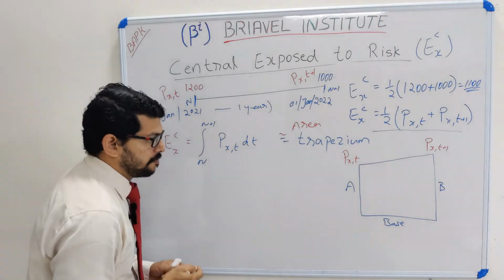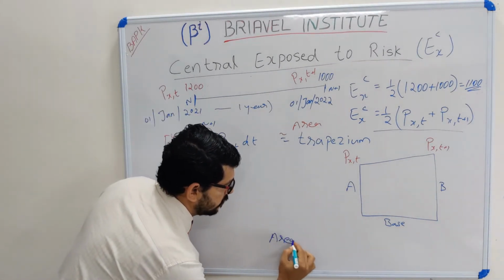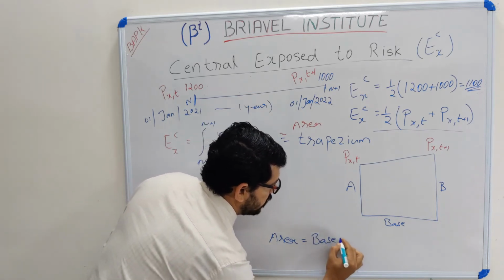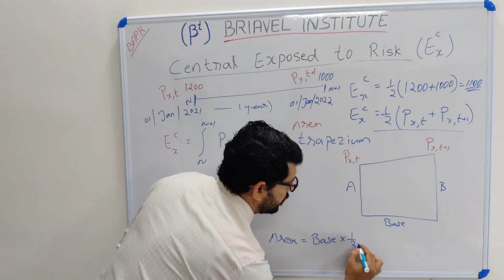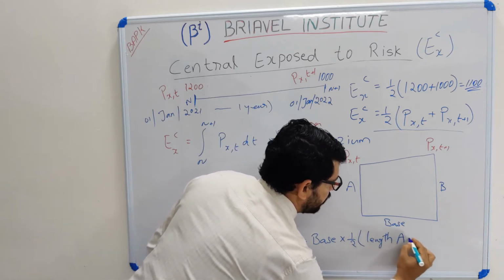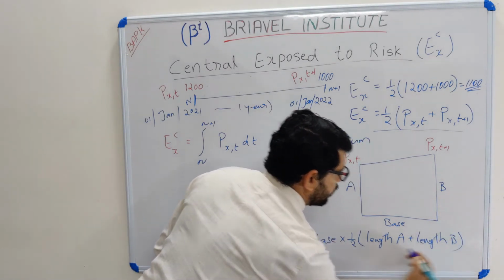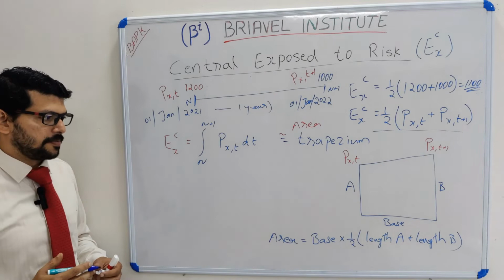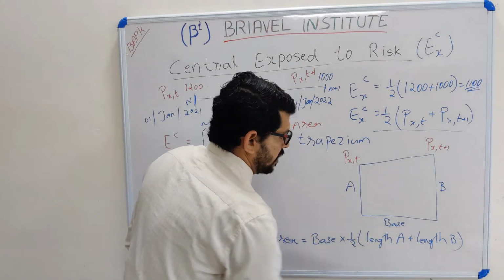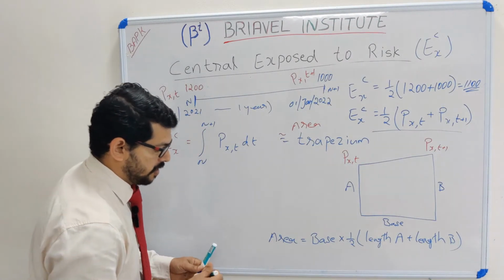The area of the trapezium is base into 1 by 2 of length A plus length B. Here length A represents P of h comma t and length B represents P of h comma t plus 1.